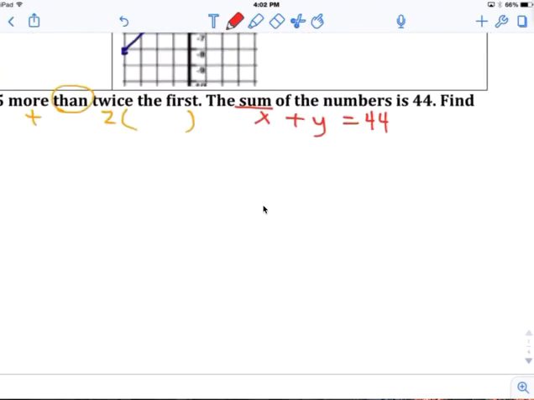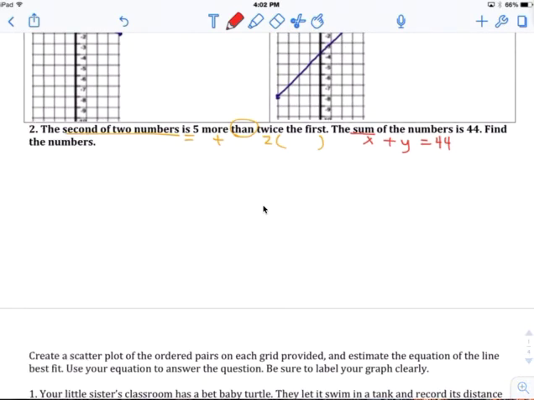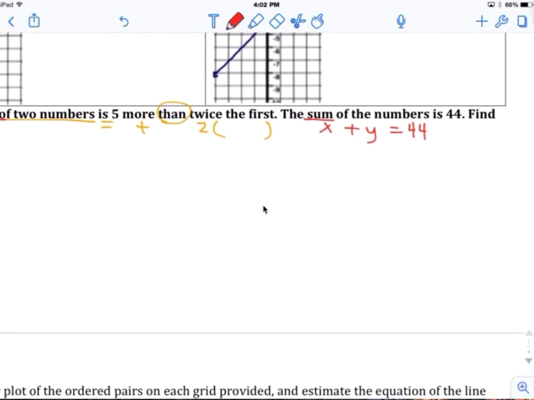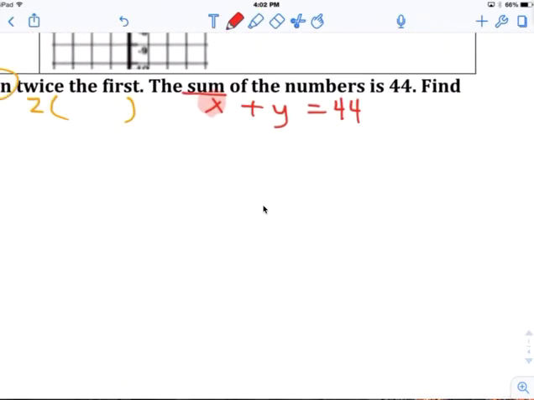The sum of the two numbers. Because they said the second of the two numbers, this would be the first of the numbers. So we'll define x as the first number, and y is the second number. This way you get the sum of the two numbers.